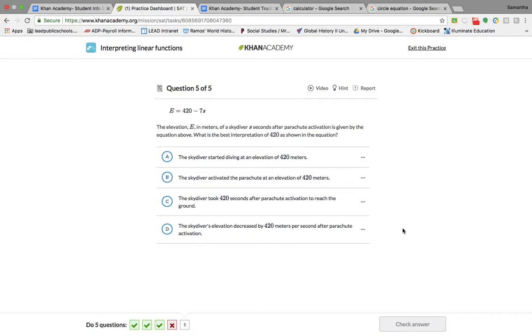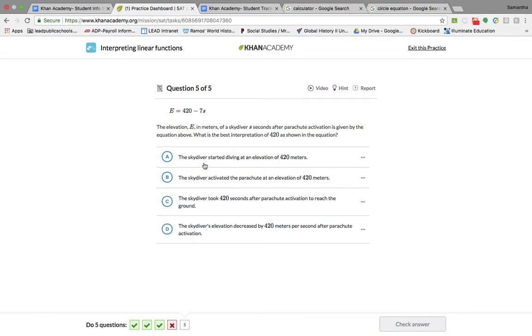The elevation, E in meters, of a skydiver S seconds after parachute activation is given by the equation above. What is the best interpretation of 420 meters?